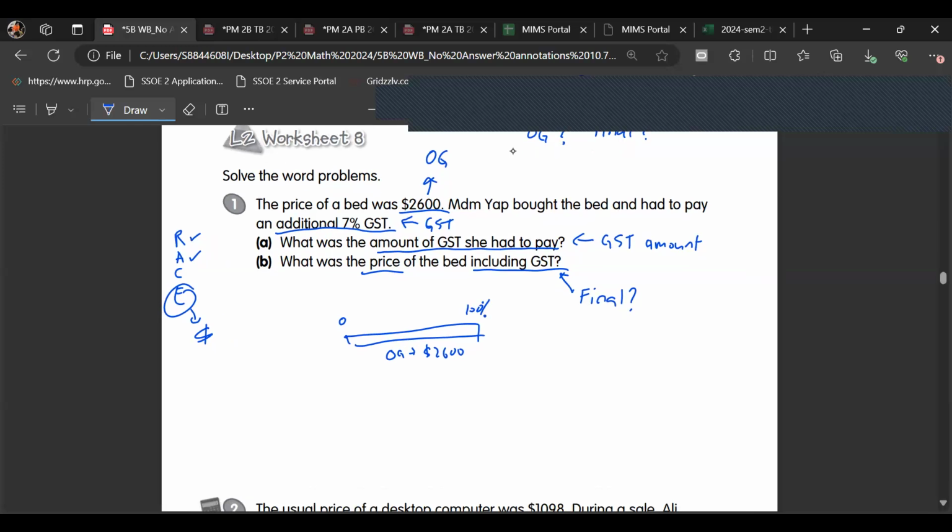Then it tells you the additional amount, 7% additional. This is part A. Then this is part B, the final amount.